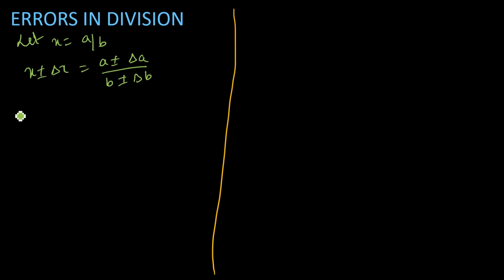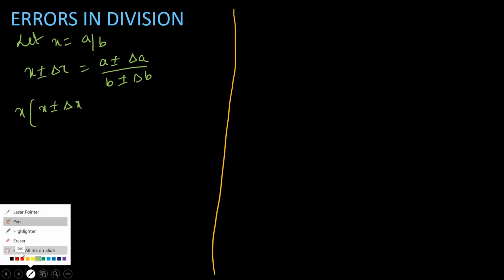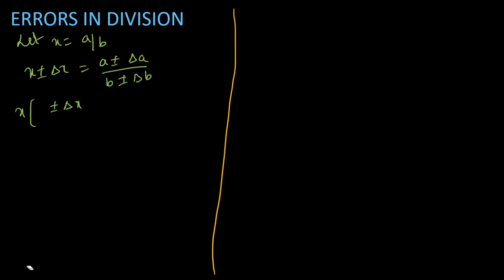Now we can take x plus or minus delta x common. After taking x common, we will get 1. Then x by x equals a by b.